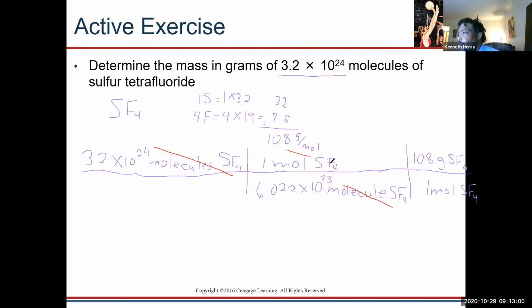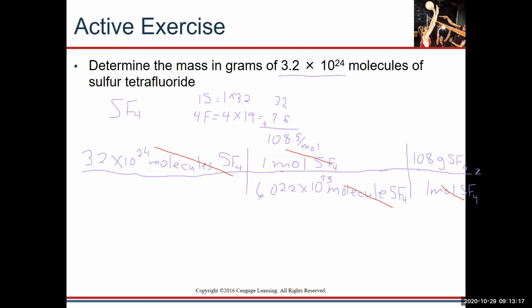So then moles are going to cancel out, and we're going to be left with just grams. Exactly what we wanted. How many sig figs? Two. Okay.